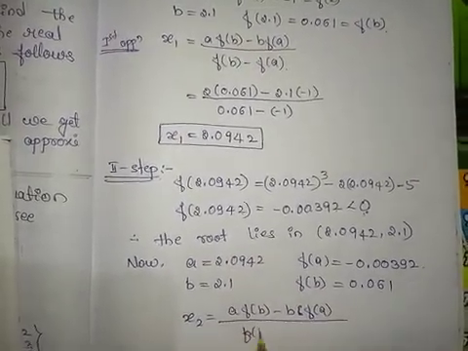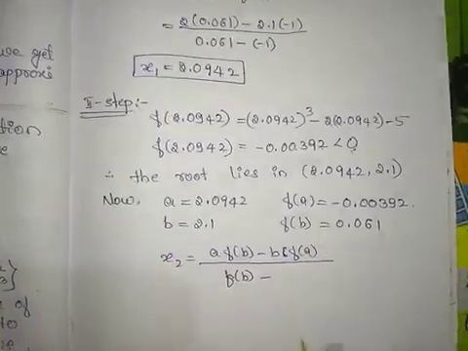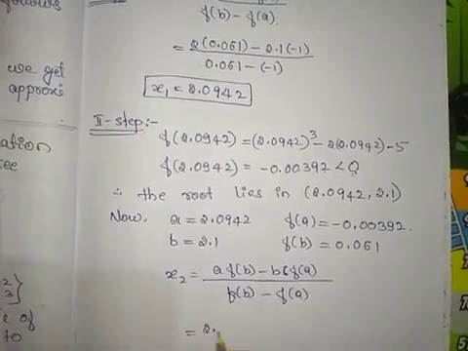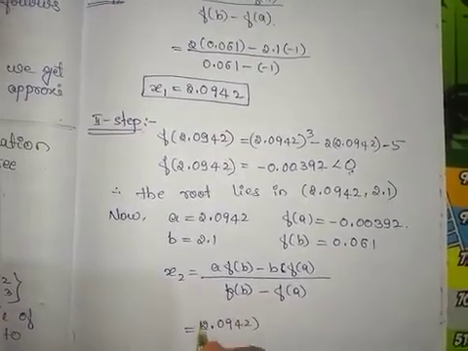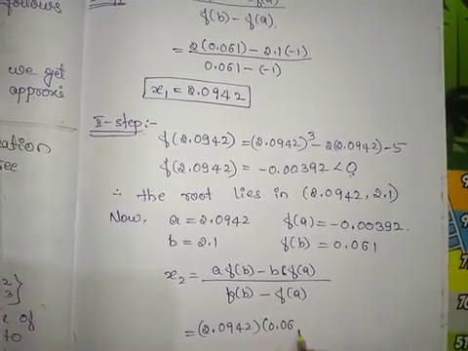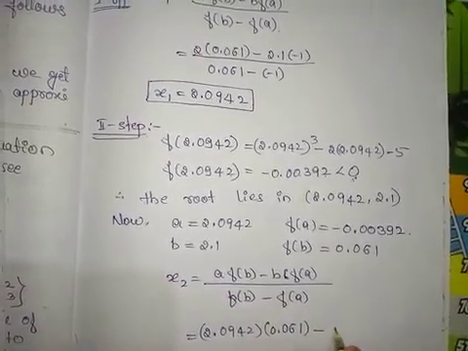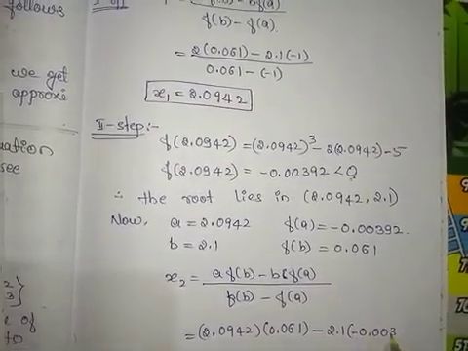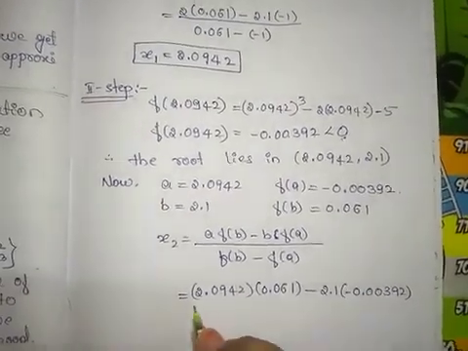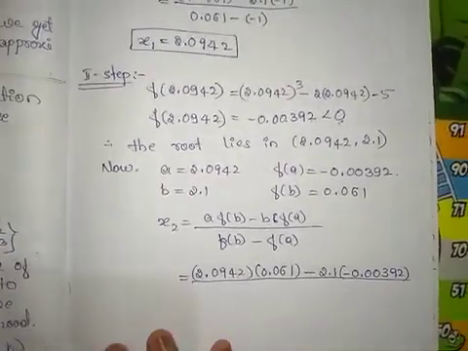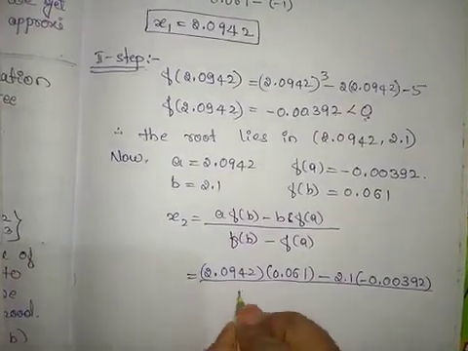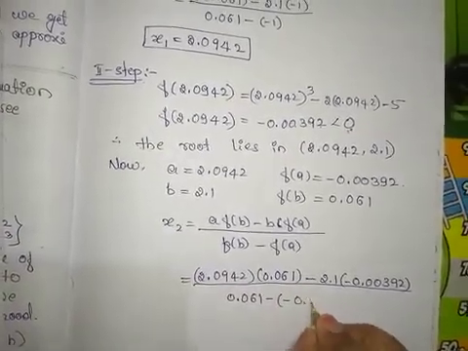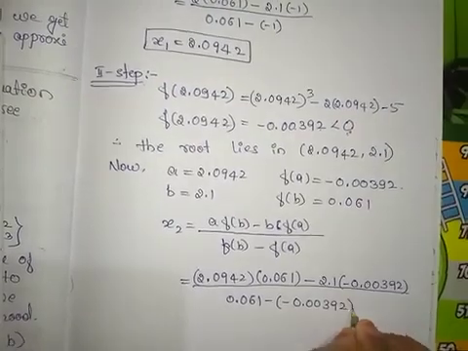That is 2.0942 into 0.061 minus 2.1 into minus 0.00392, whole divided by 0.061 minus minus 0.00392.